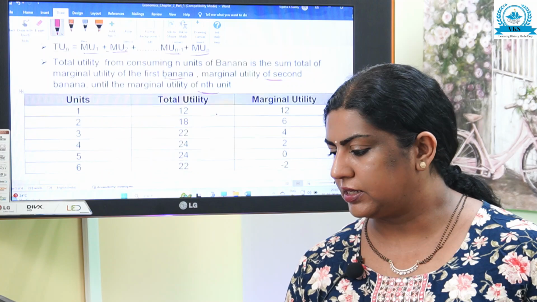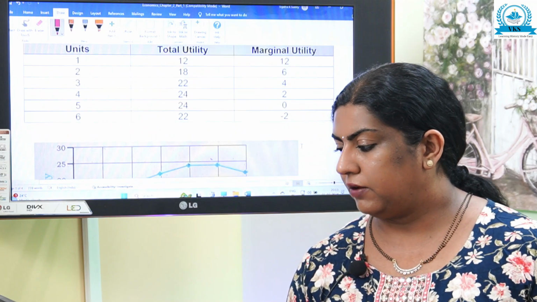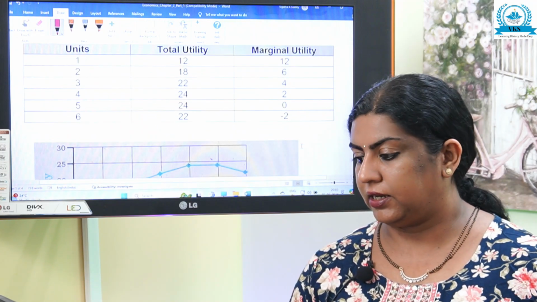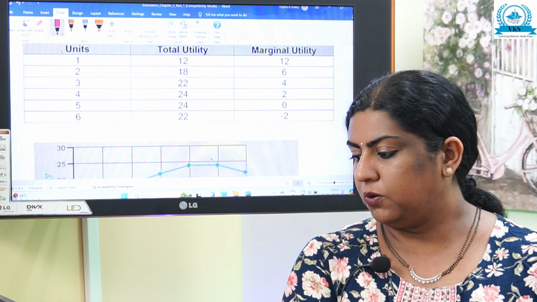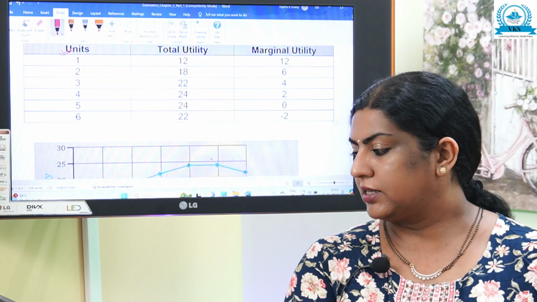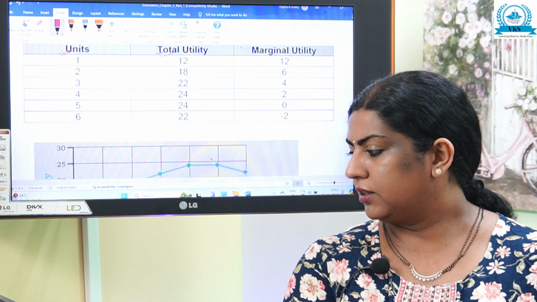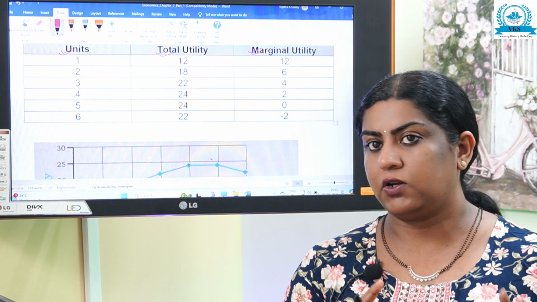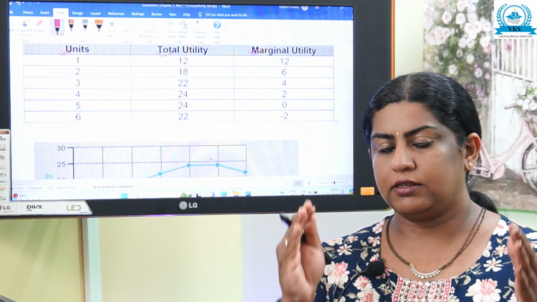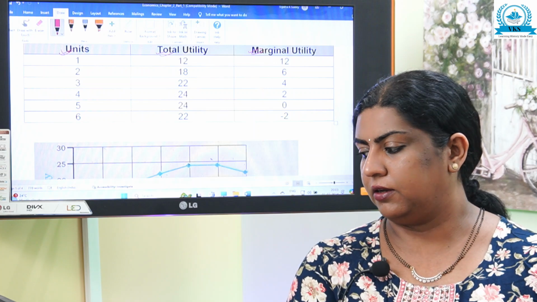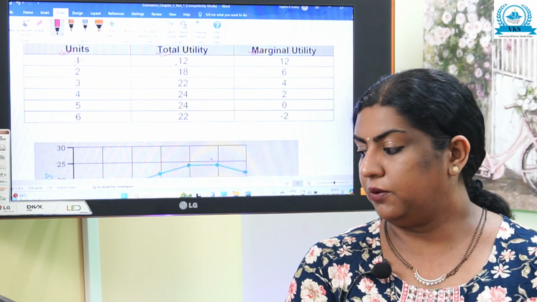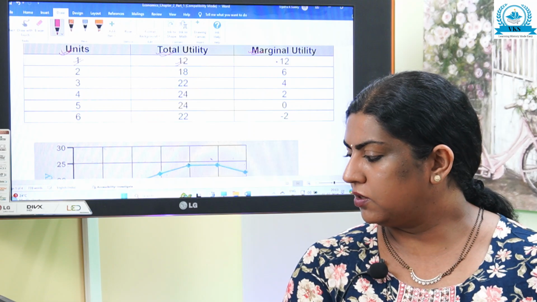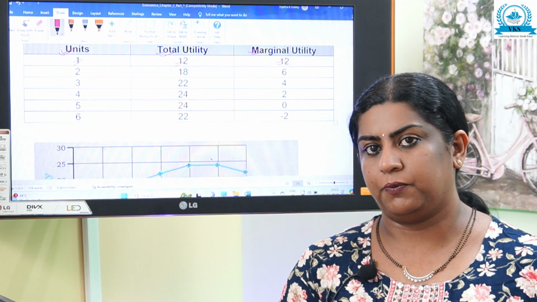Now if you see this table, I will explain the table and the diagram. So here the first column shows the units, okay, second the total utility, and third is marginal utility. We will see the case of bananas only. So when I have the first banana, my total utility is 12 and marginal utility also is 12.